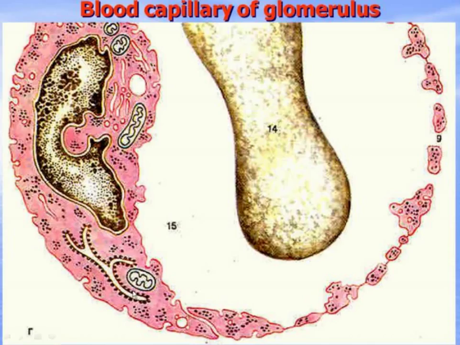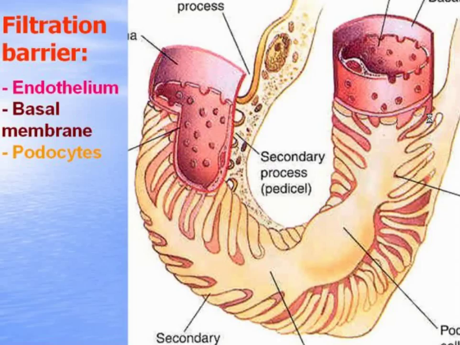In this section you see the endothelial cell, nucleus and thin layer of cytoplasm. These pores are covered or not covered by a diaphragm. These are the endothelium of blood capillaries, fenestrated endothelium, basal membrane, and surrounding podocytes.